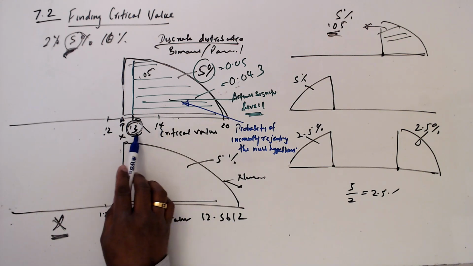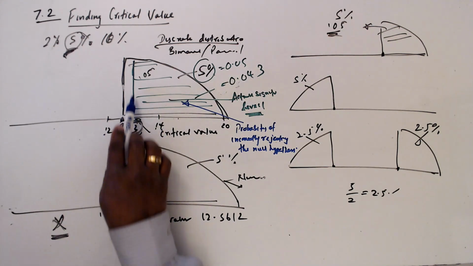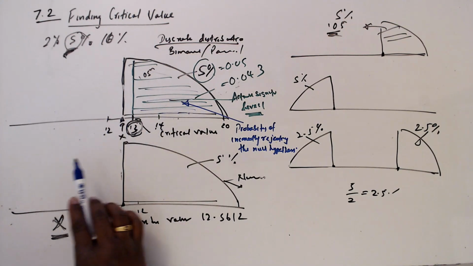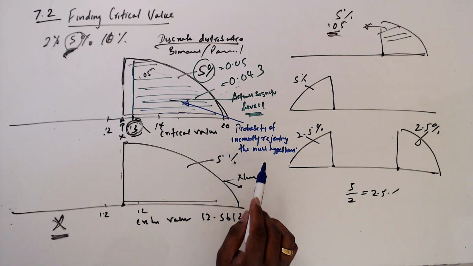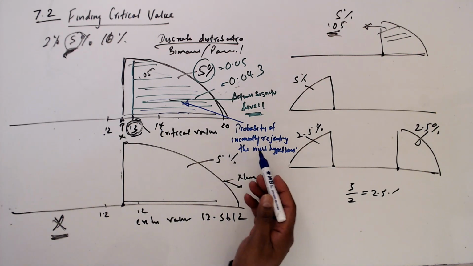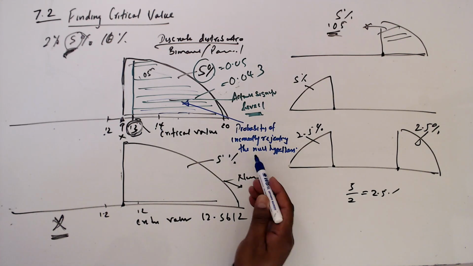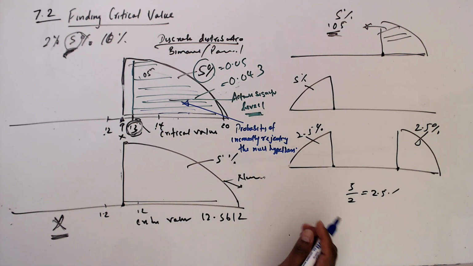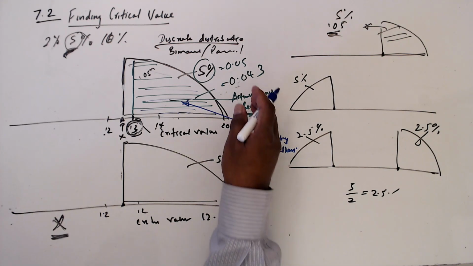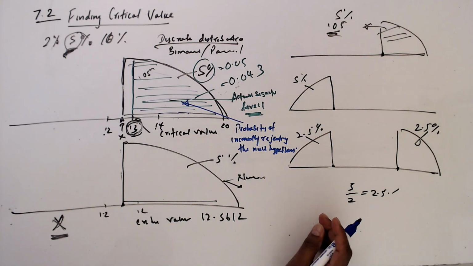Because of that, actual critical value is this one, and up to that probability is the actual significance level or actual probability. Or there's another name for it, probability of incorrectly reject null hypothesis. Just keep in your brain that this is equal to this, that's all.